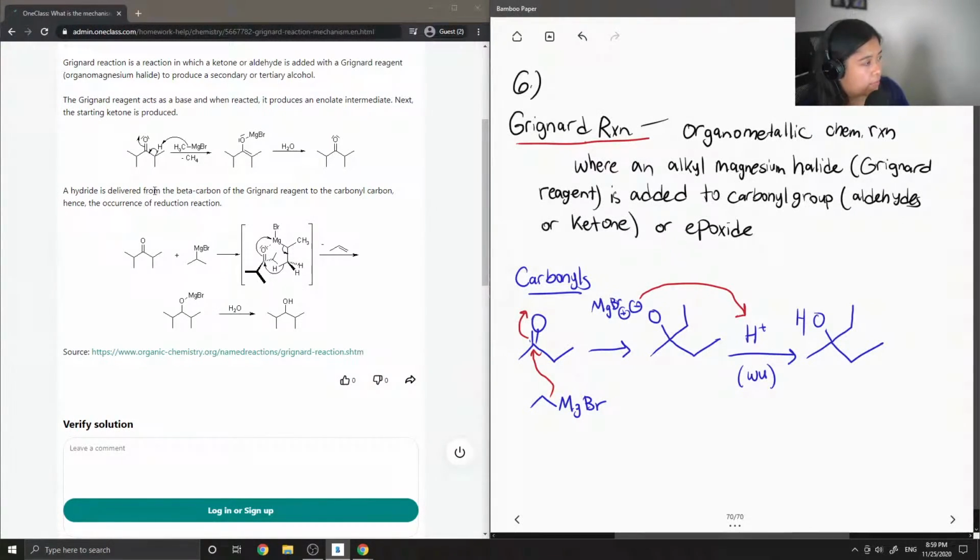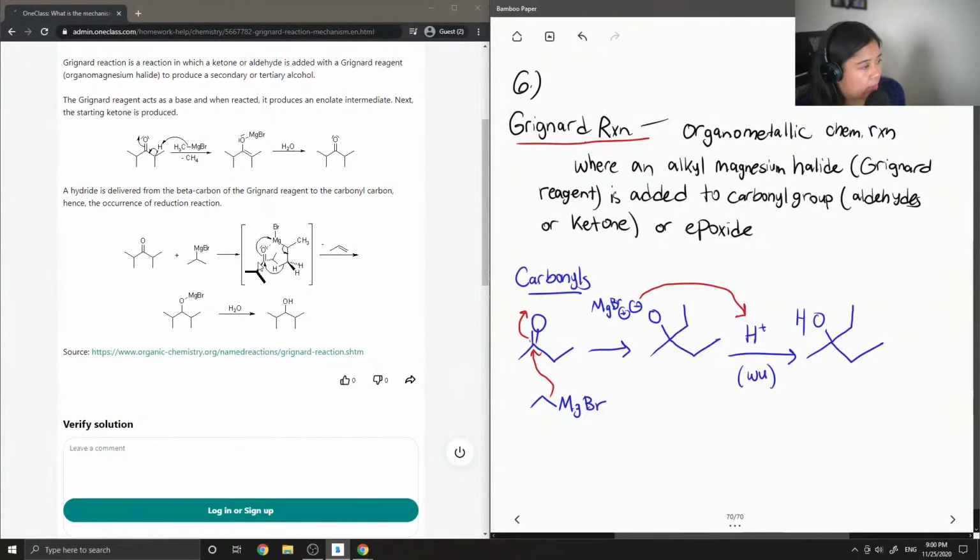Hydride is delivered from the beta carbon of the Grignard reagent to the carbonyl carbon, hence the occurrence of the reduction reaction. So here they show Grignard reagent coming in. Yep, so they showed all the hydrogens in one of the CH3 groups of this Grignard reagent here.